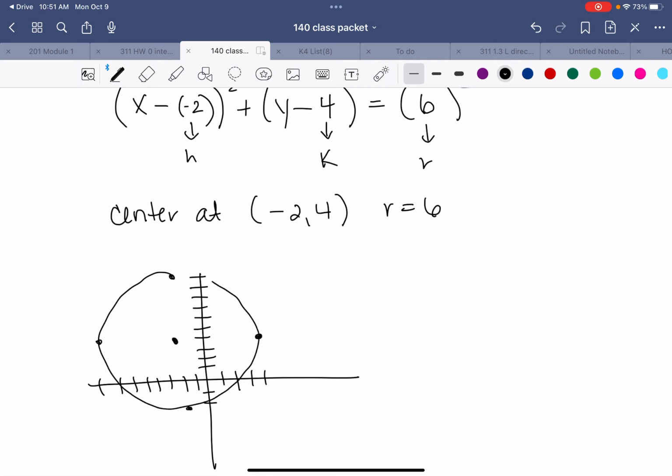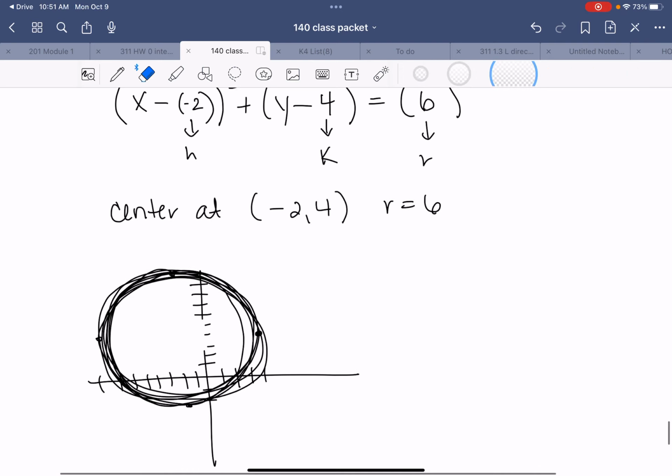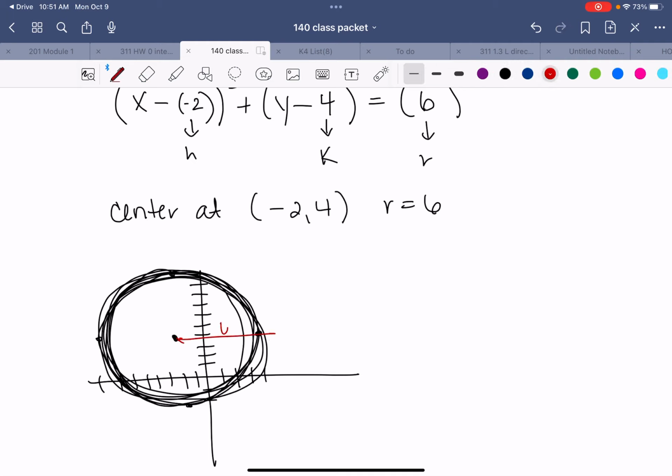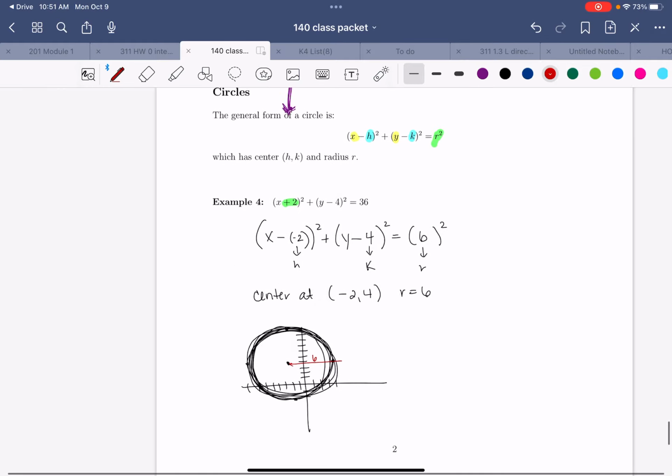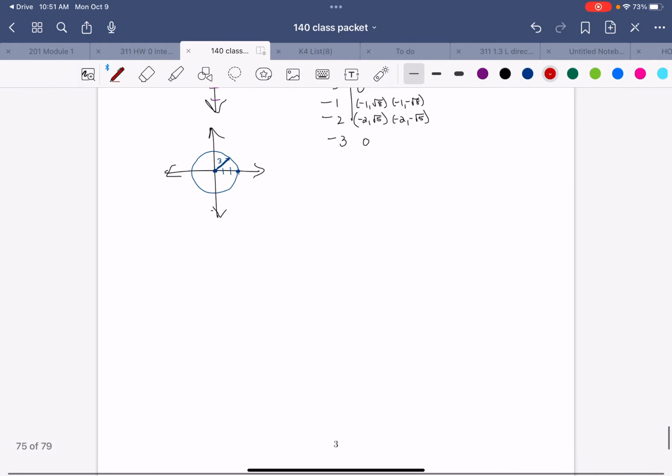And there's my circle. Okay, we're sketching, so I'm kind of sketching it in to make it look more circular, right? But then your radius of 6 is right here. Okay. All right.